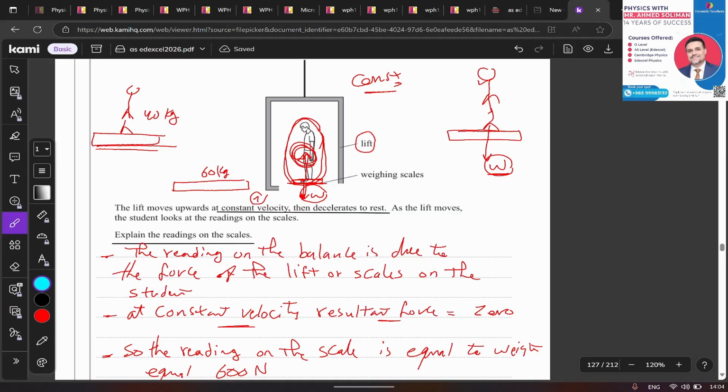You can say the normal reaction force from the lift to the person, or the normal reaction force from the balance to the person. It is the same. This will give you the reading of the balance.